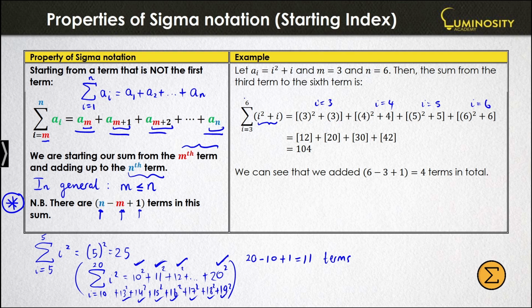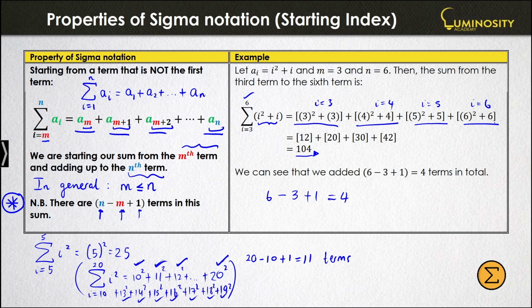We stop at 6 because that is the upper bound, the nth term. If we add all those together, we get a sum total of 104. We can also see how many terms we added: n, 6, minus m, which is 3, plus 1, which is 4. You can see that you added 4 terms in total: 1, 2, 3, 4.